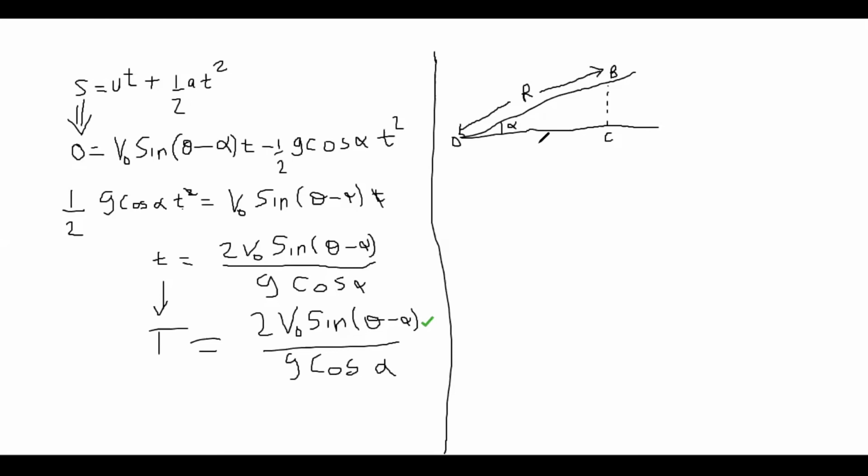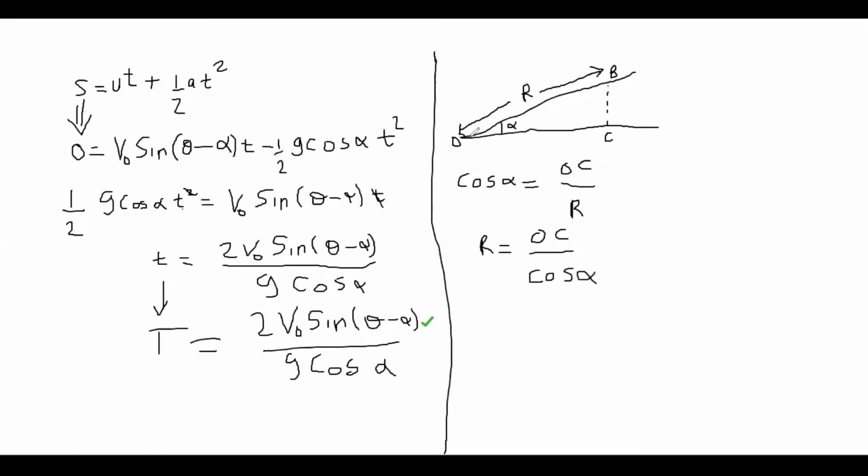Now, by using trigonometric relation, since we are having OC here, we say cos of alpha will be equal to OC, you divide by R. R is our range. If we make R the subject, we get R is equal to OC divided by cos of alpha.